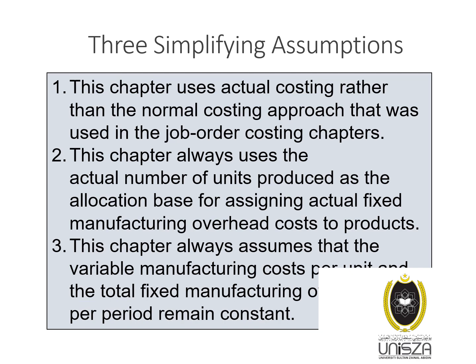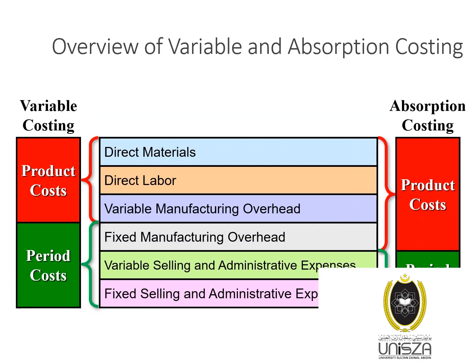Next. So this is the overview of the variable and absorption costing. For the variable costing, the product cost that we will account for includes these three: direct materials, direct labor, and variable manufacturing overhead.